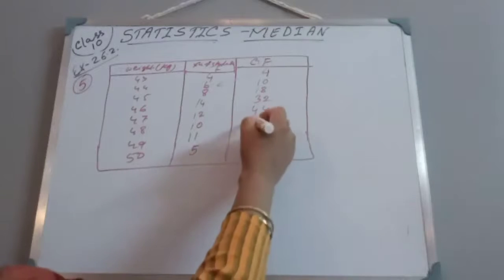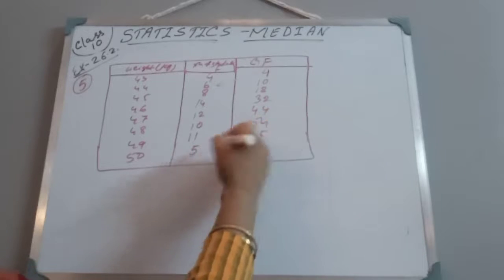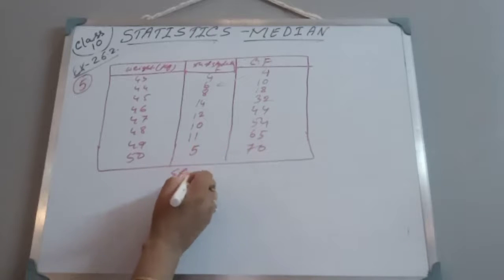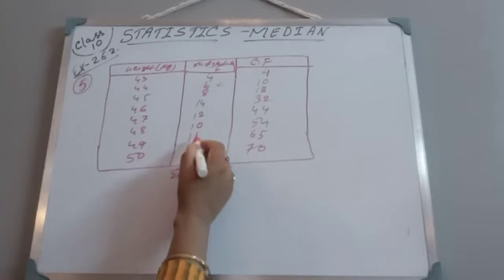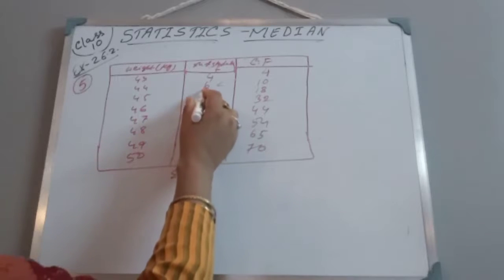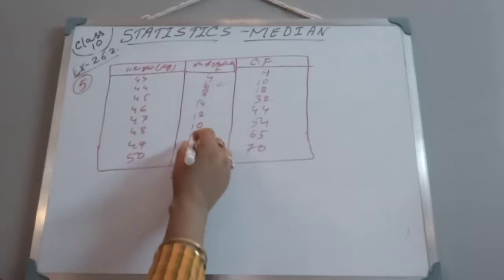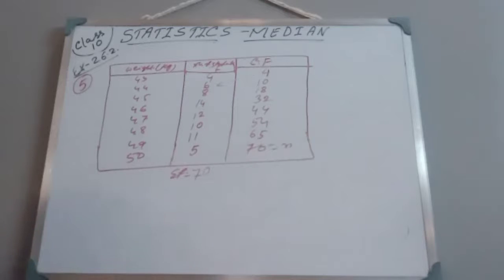Next is 54. 54 plus 11 is 65. 65 plus 5 is 70. So this is also n is equal to 70.